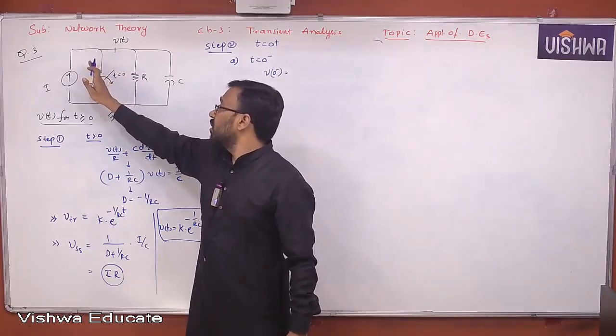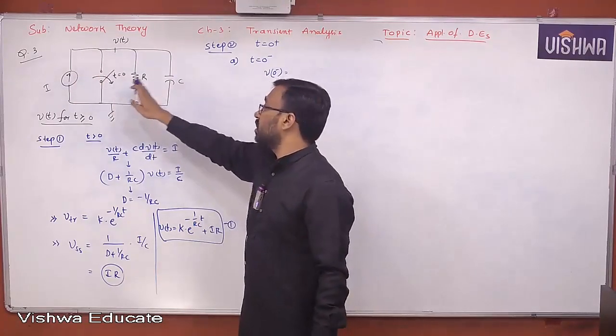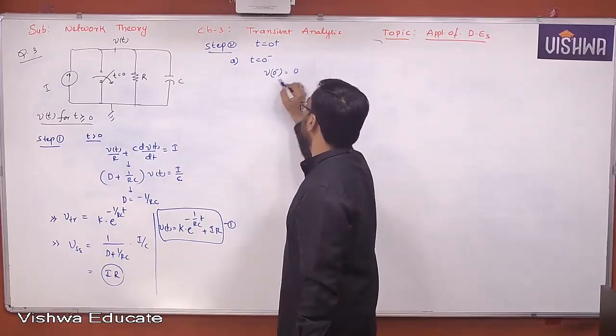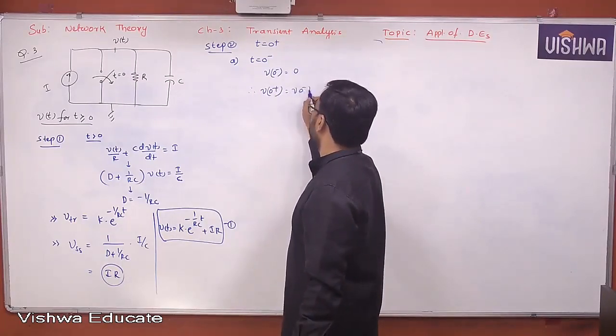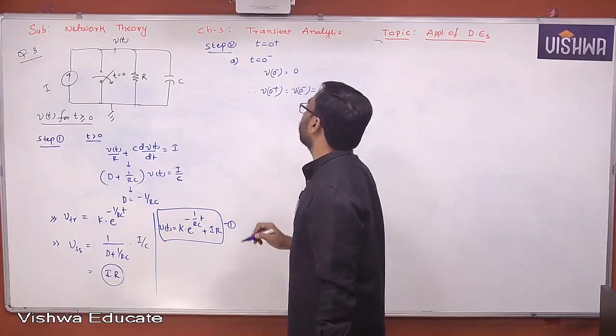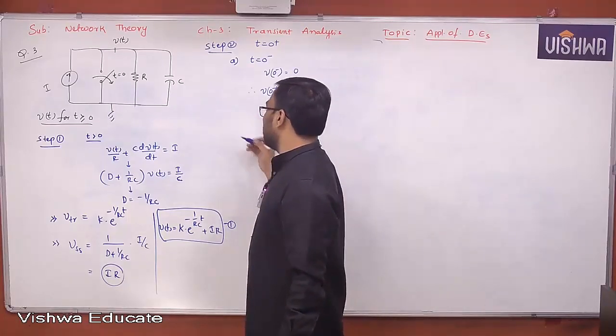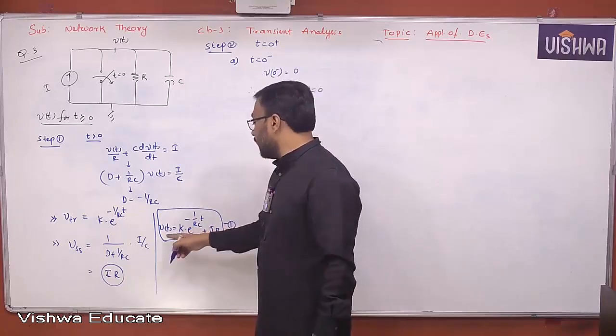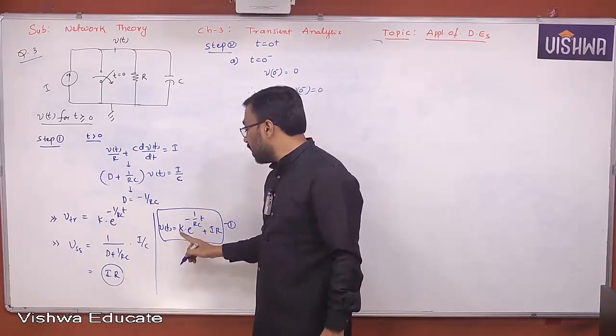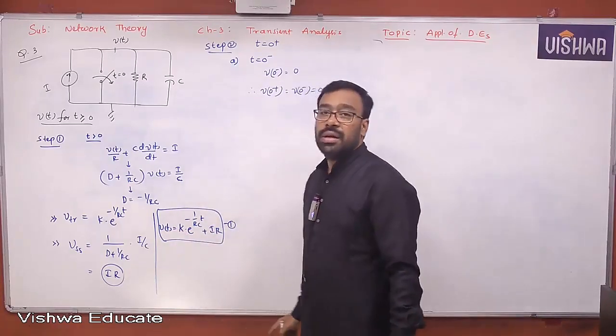Closed. Can you charge the capacitor keeping a short circuit across it? No. So V of 0 plus is equal to V of 0 minus, nothing but 0. Now, steps B and C are not required because you already got one initial condition. Only one initial condition is enough because there is only one arbitrary constant. Understand all of you? Okay.